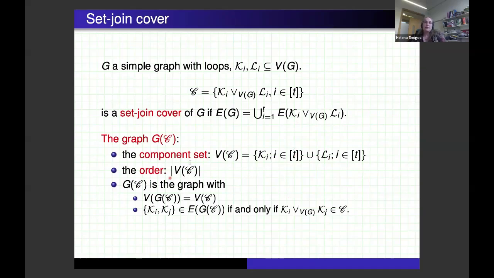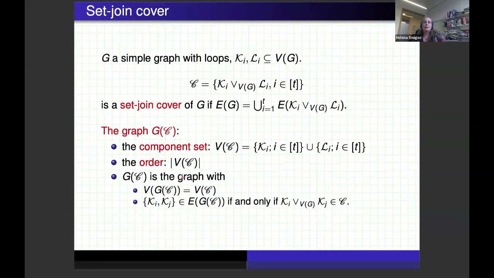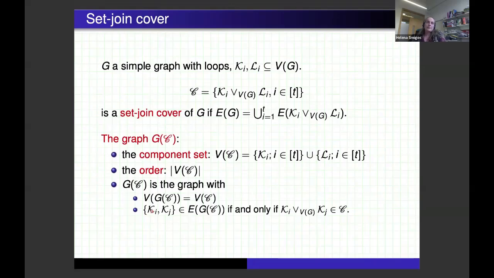The order is the number of elements in this component set, and the edges are defined in perhaps a natural way. K_i and K_j are an edge in this graph if and only if K_i is joined to K_j in my component set. So if K_i joined K_j appears in the set join cover, then we have an edge there.